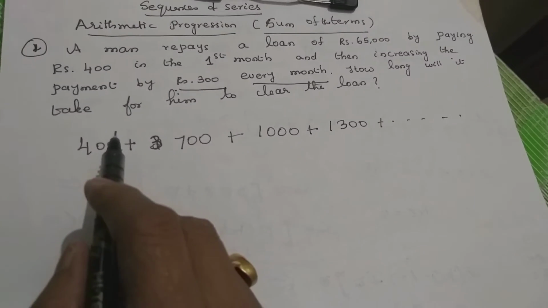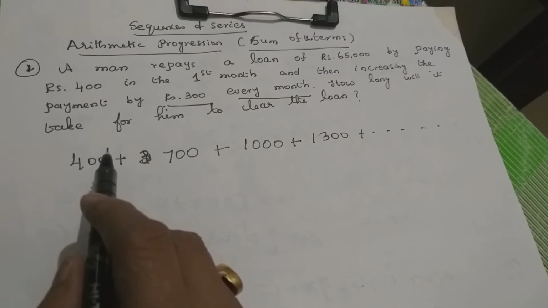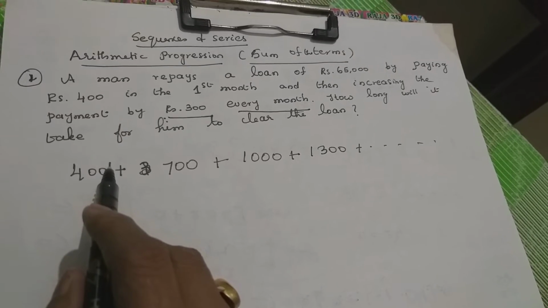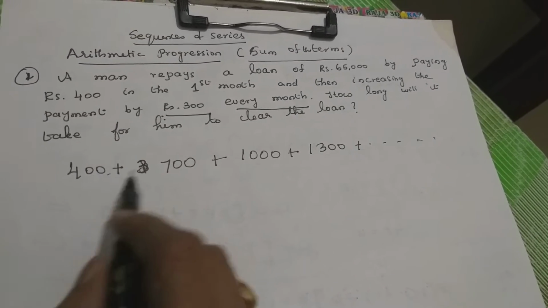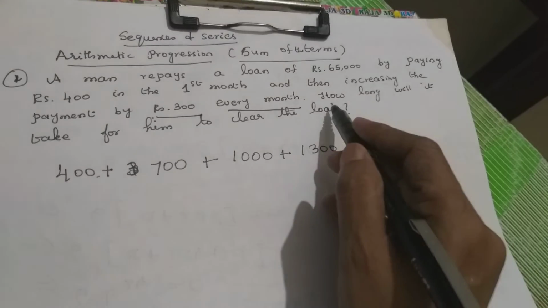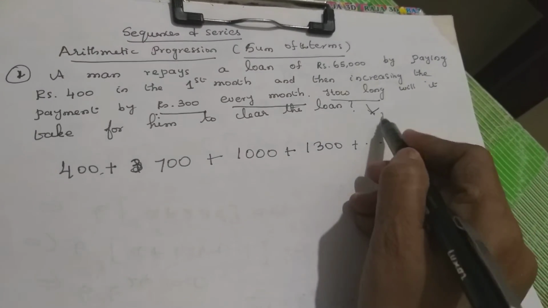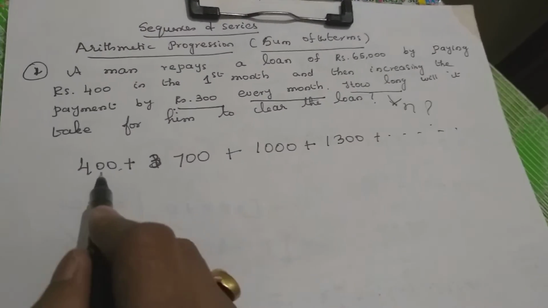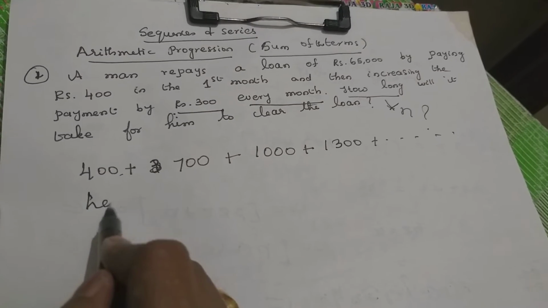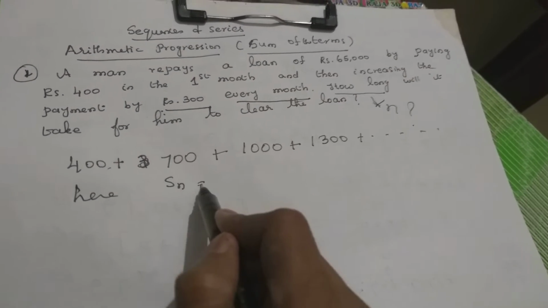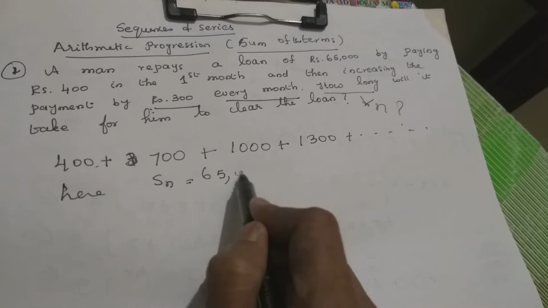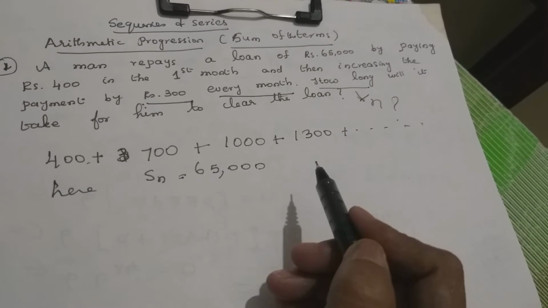So we have to find n. n always means the number of months or number of years, the period. Here Sn is given: the total amount, Sn is 65,000.